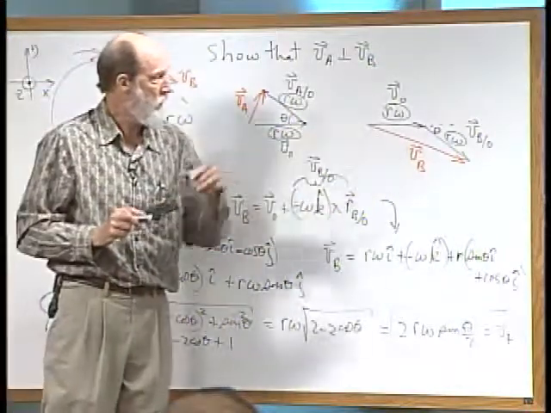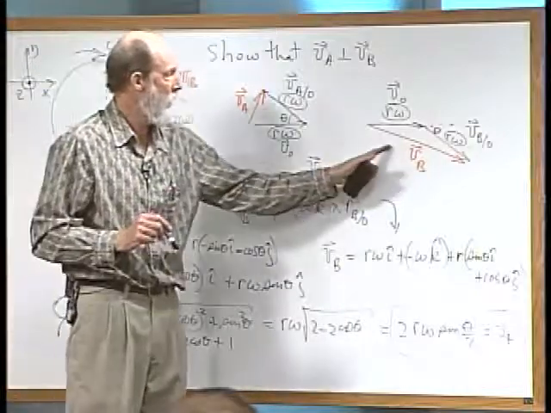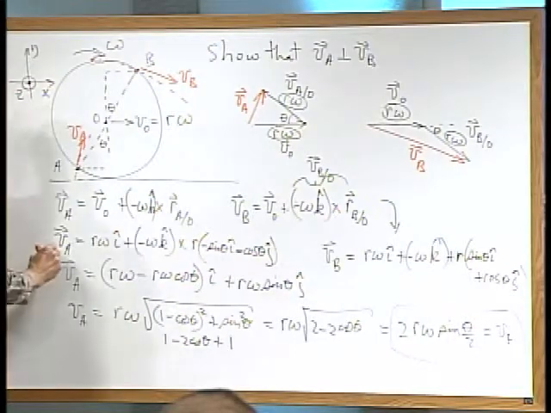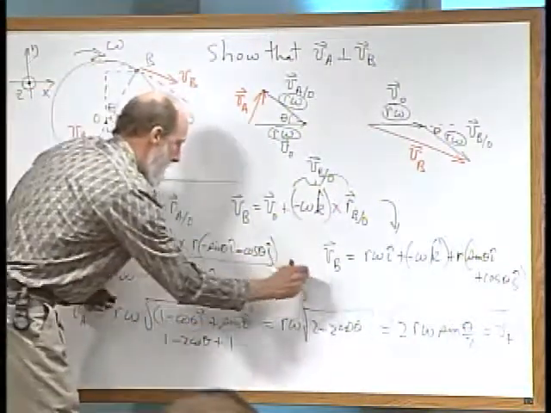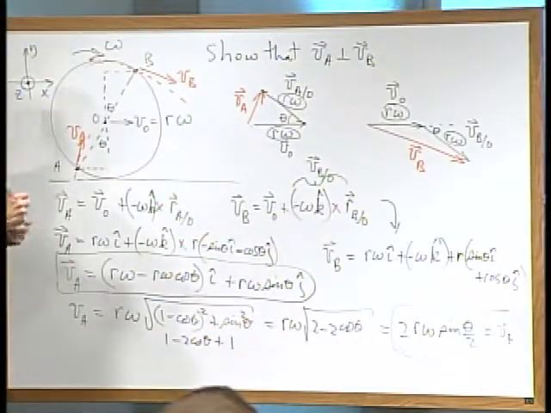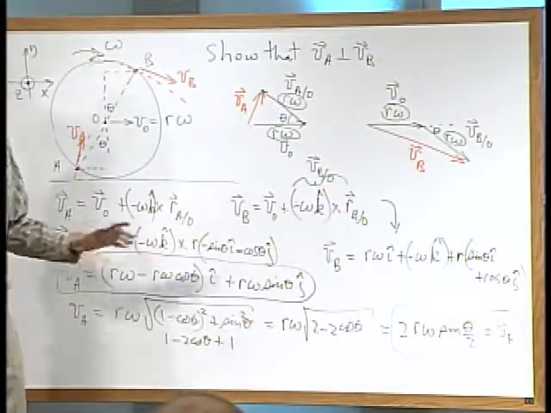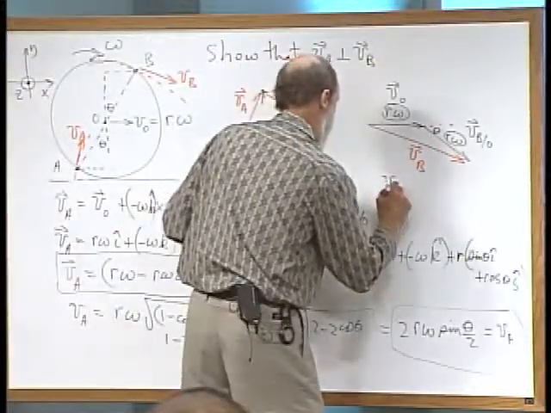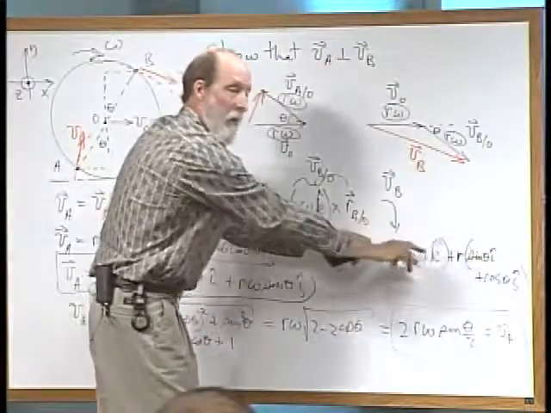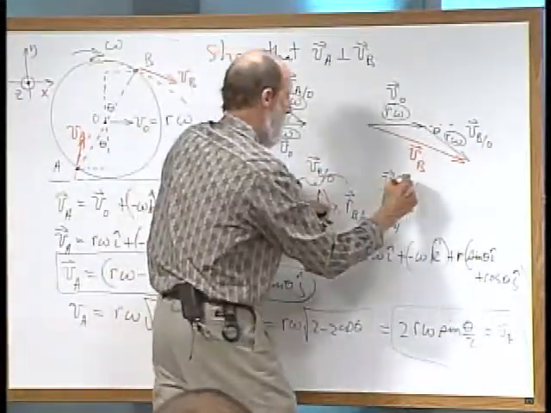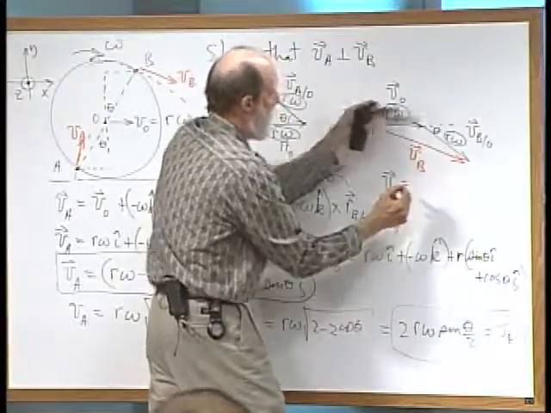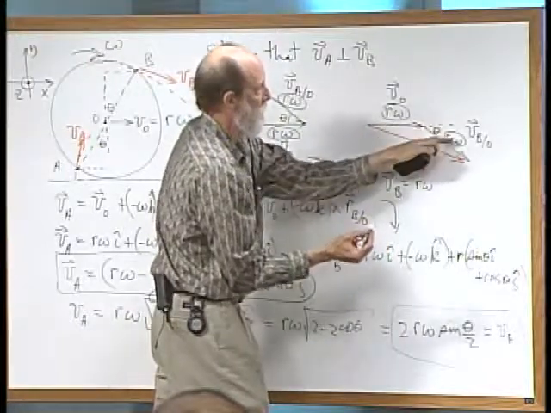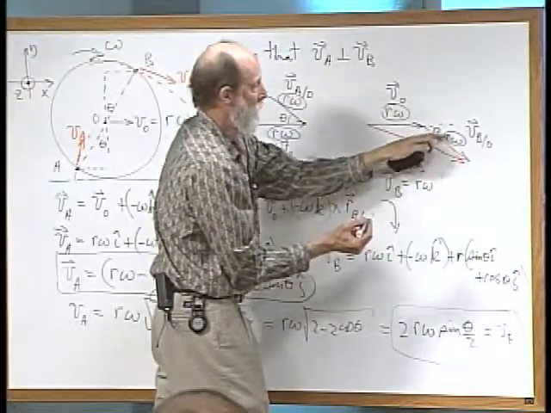If you look at this picture, can you write down the final result for the velocity of B similar to what we did here for the velocity of A? Look how easy it is. The velocity of B vector, by looking at this picture, compared to coming down here and playing the cross product game, is made up of an i component, which is r omega, plus the horizontal part of this guy, which is r omega cosine theta.